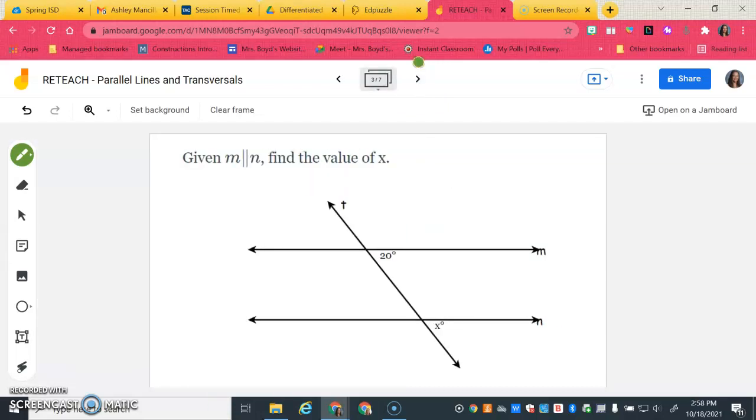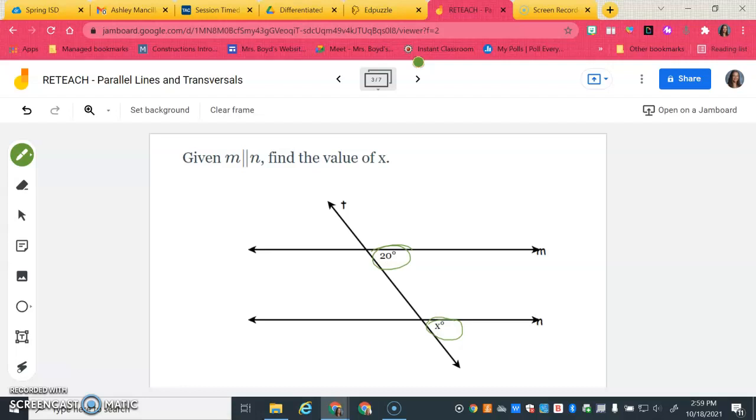Okay, given m is parallel to n, find the value of x. Here I have a 20-degree angle, and here I have an x. I notice that they're both acute. That tells me they're going to be equal to each other. But before I do that, I need to identify them. So 20 is inside, and x is outside. So it's not my interior angles or my exterior angles.